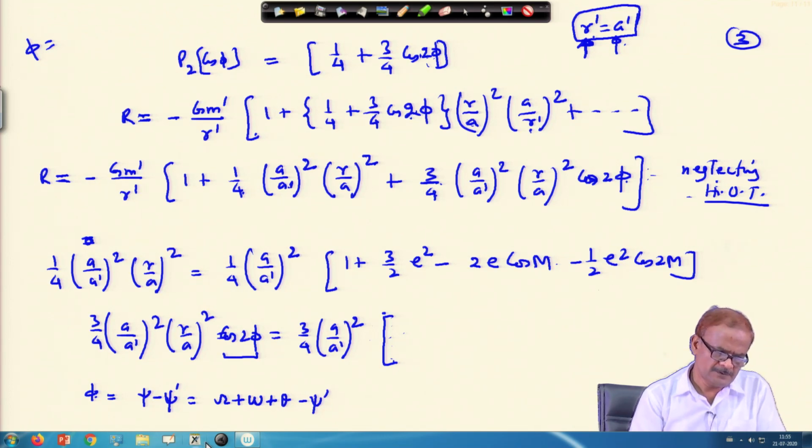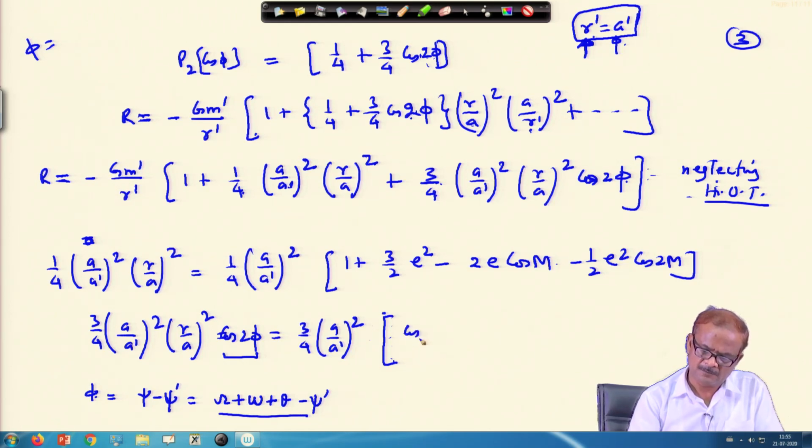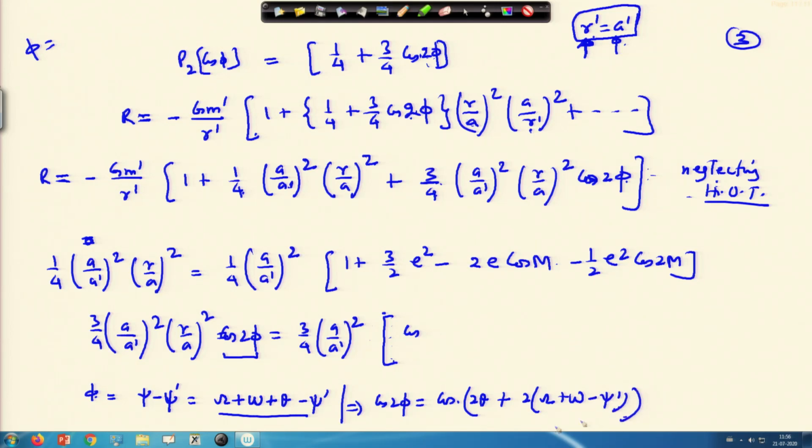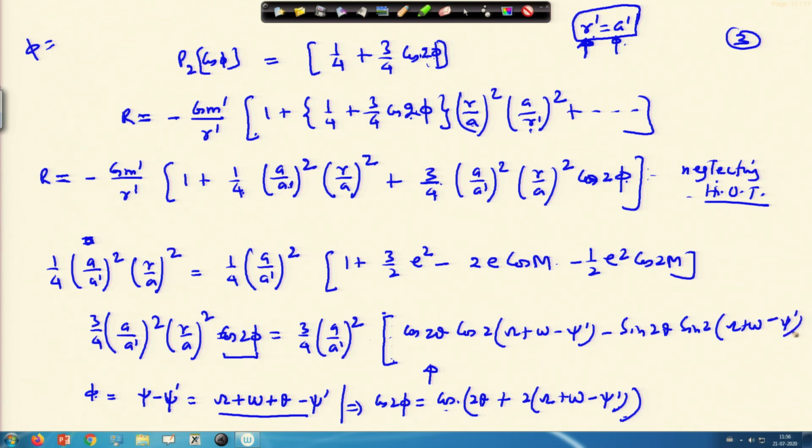Okay. So this way we can write this cos 2 phi. This implies cos 2 phi will be equal to cos of 2 theta plus 2 capital omega plus small omega minus psi prime. We write it this way, and then expand this term here. So this will be cos 2 theta times cos 2 capital omega plus small omega minus psi prime, minus sin 2 theta sin 2 capital omega plus small omega minus psi prime.